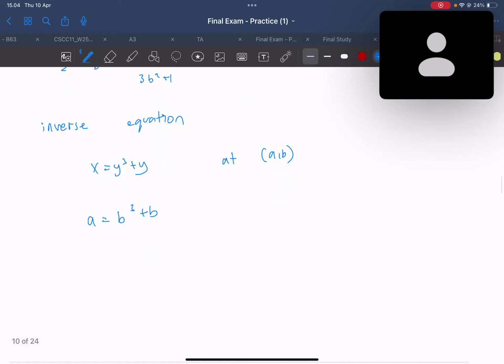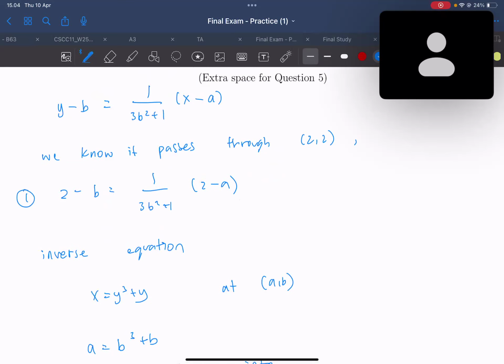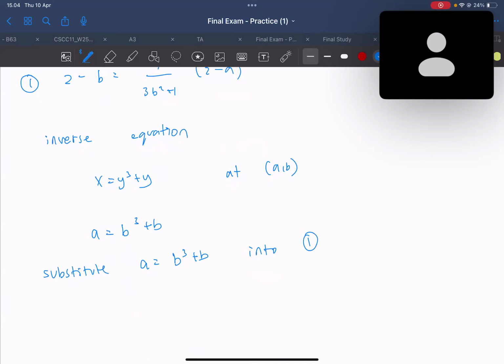So we substitute A equals B cubed plus B into, just name it 1. So we get 2 minus b equals 1 over 3b squared plus 1, 2 minus b cubed plus b.